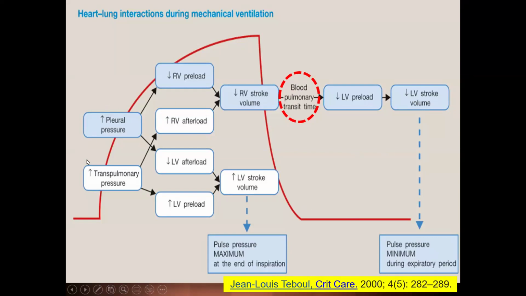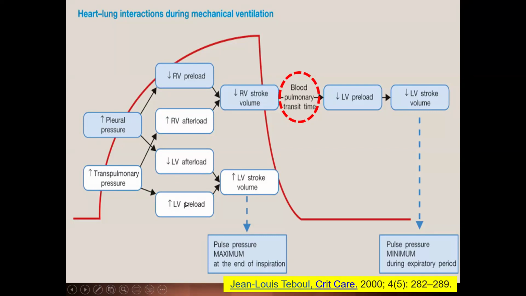If you go back again to the effect on the LV, the increased pleural pressure decreases the LV afterload, and the pulmonary pressure increases the LV preload because it pushes the blood from the lung to the LV.